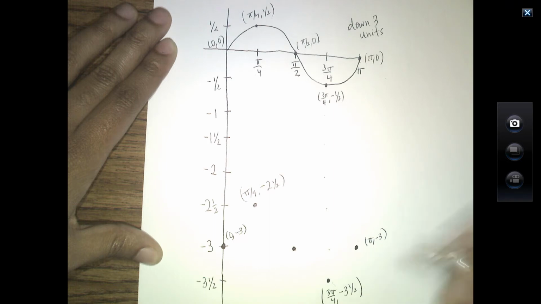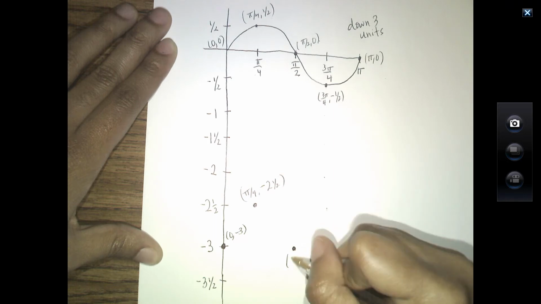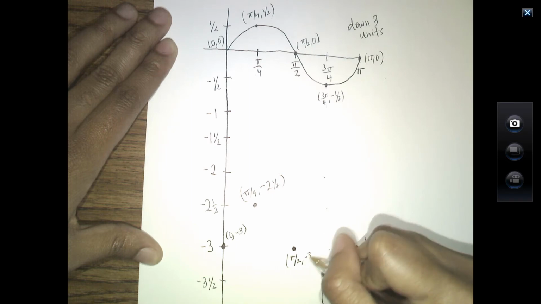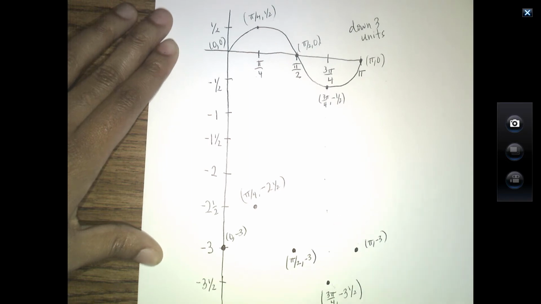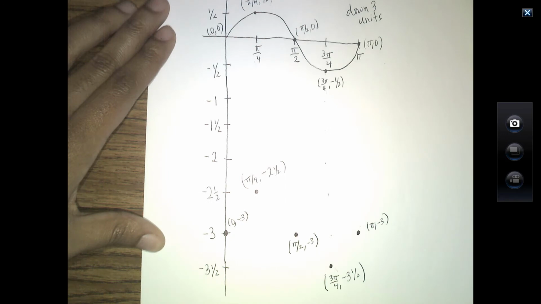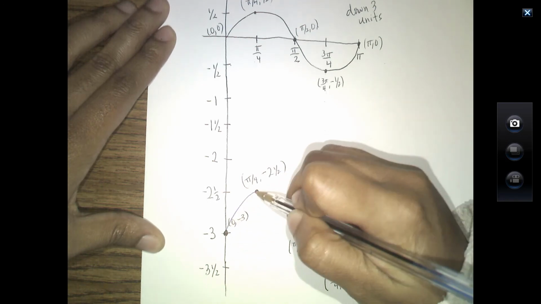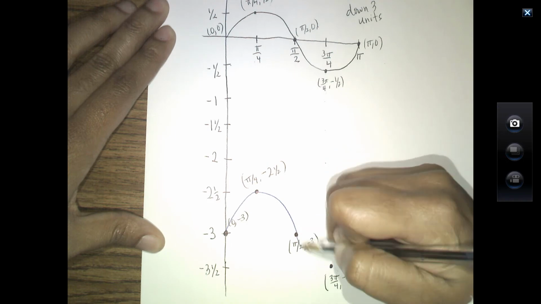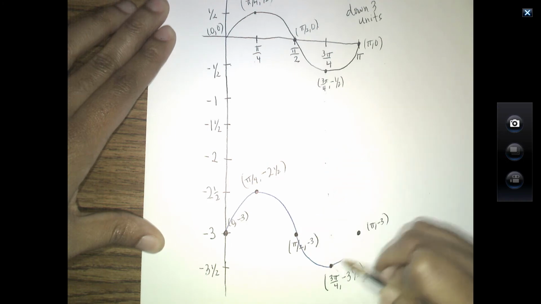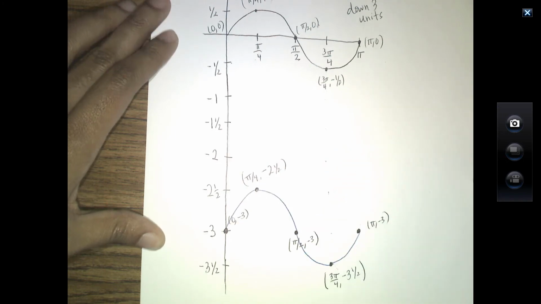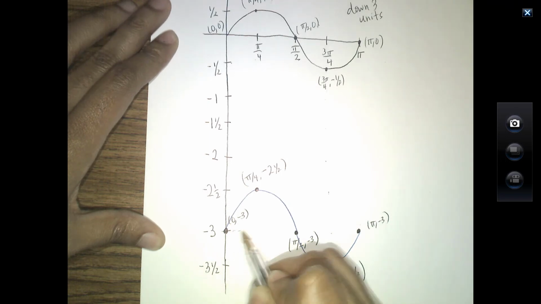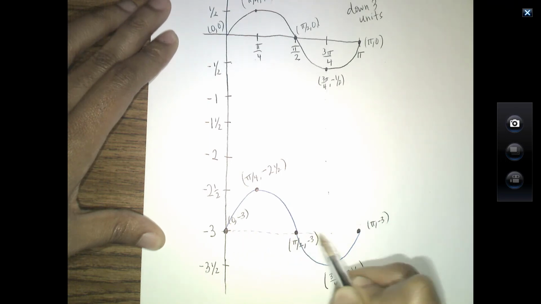And you can put decimals if you want. And this one is pi over 2, comma negative 3. Okay, so now I'm going to use another color. I should have did blue dots, sorry. So here, okay, and here's that midline, and it should go through here.